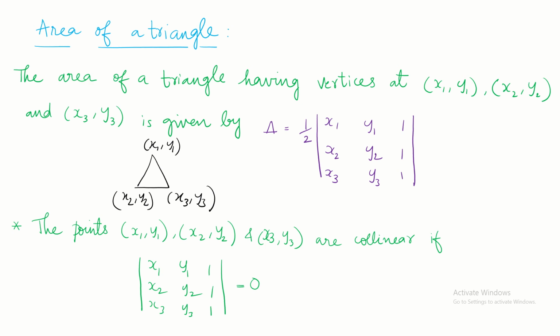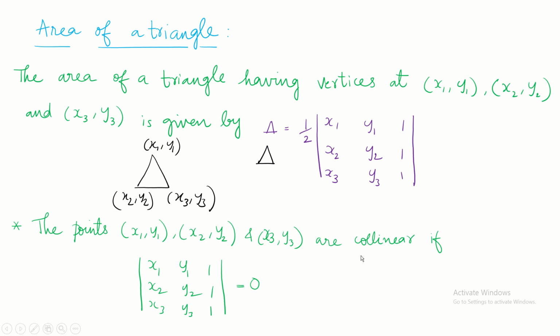So then this is delta, okay, this is not A, this is delta. Delta is equal to, you have the formula, half into determinant of x1, y1, 1, x2, y2, 1, x3, y3, 1. Okay, this is your formula for finding the area of a triangle if three vertices are given. All these vertices will be given in the question. You have to just simply substitute inside the formula.